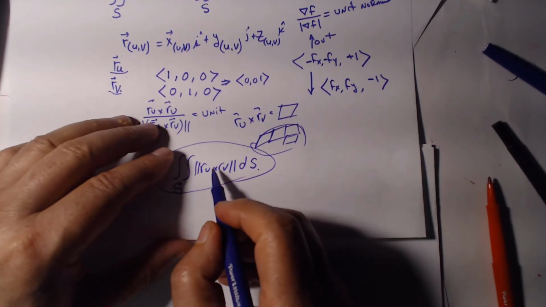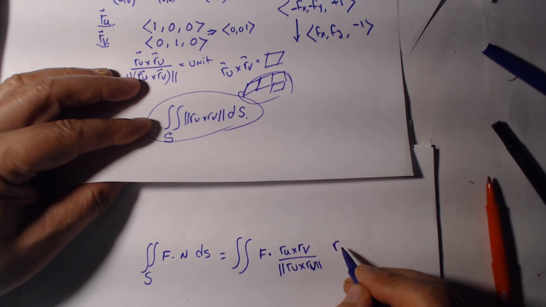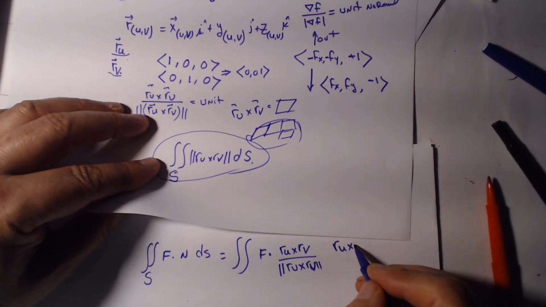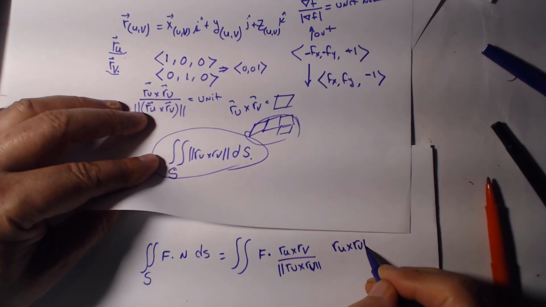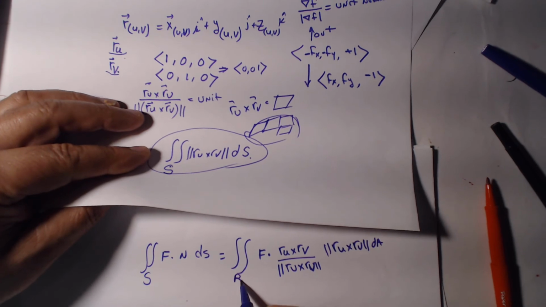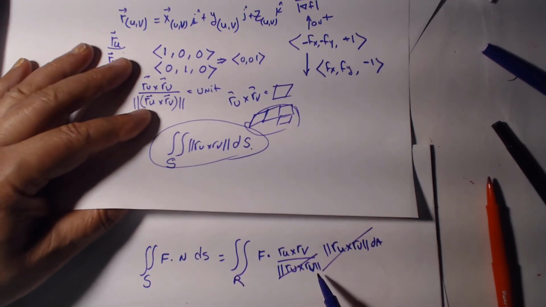But your dS, which is the area, is going to be the magnitude of R of U cross R of V dA, and that becomes a region. That one and that one is gone.